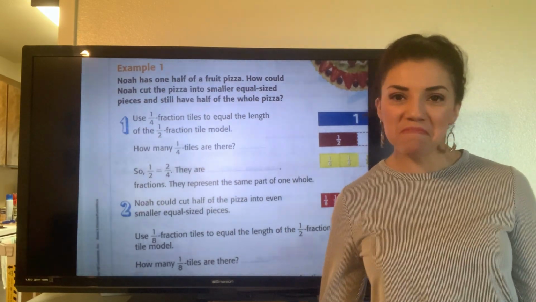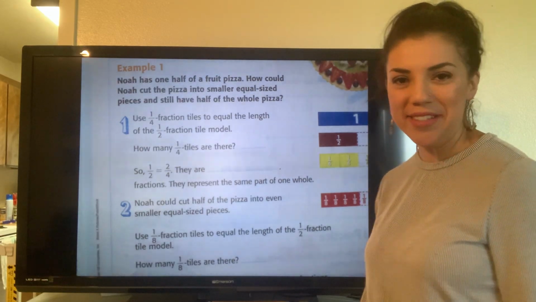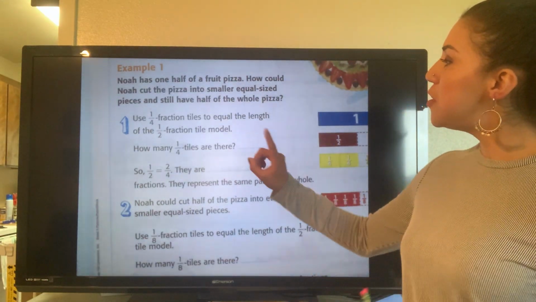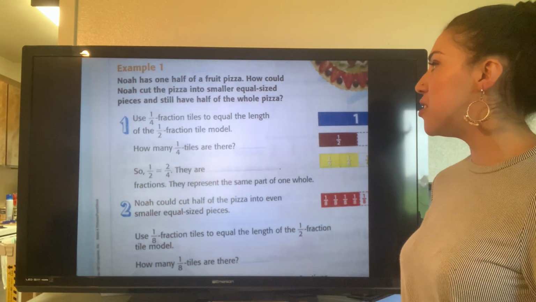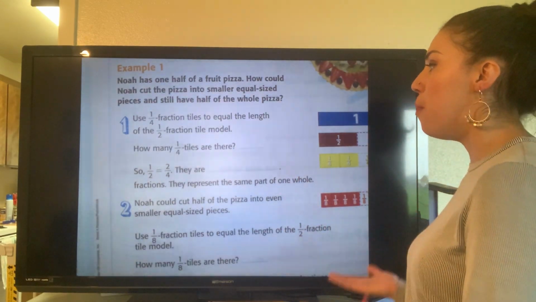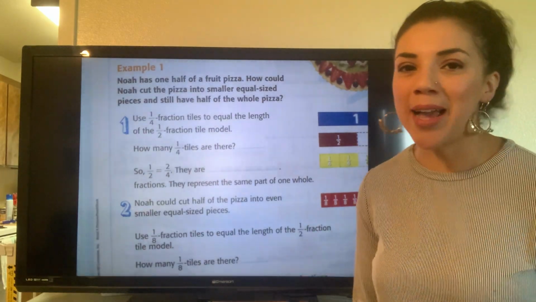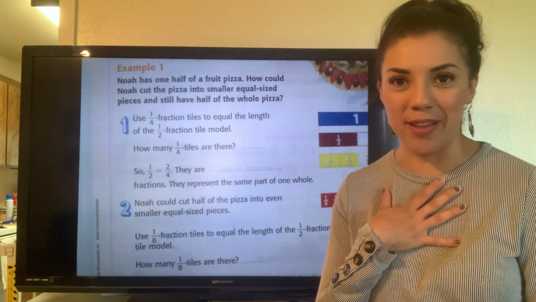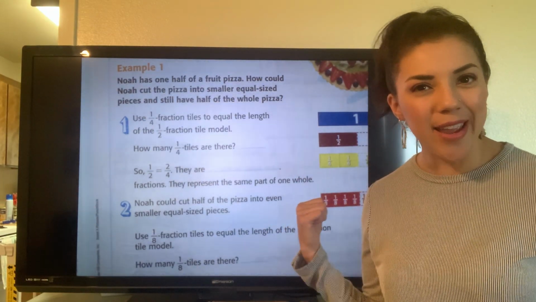We'll practice it. Okay, so use 1/4 fraction tiles to equal the length of the 1/2 fraction tile model. See, my tortilla lesson is so much more fun than this, right?